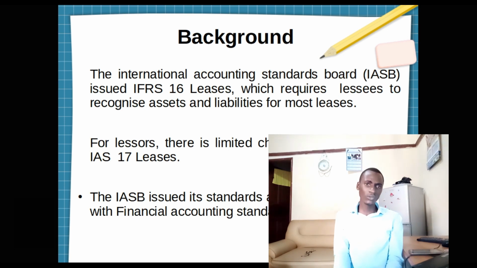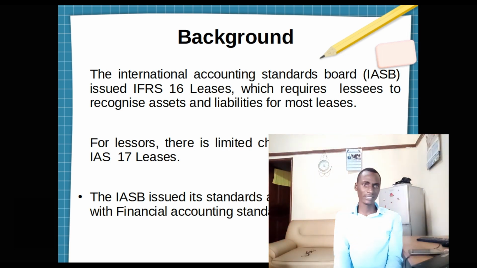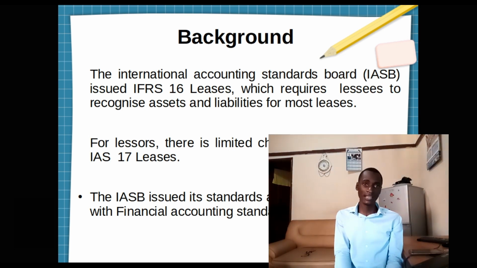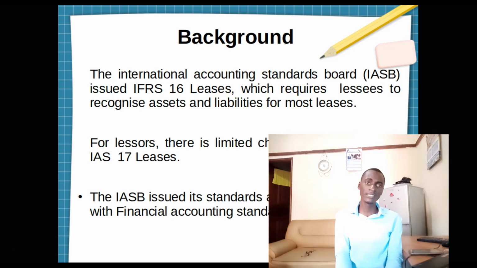Now, the classification of leases as a finance and an operating lease resulted into the manipulation of leasing transactions. You find that companies entered into leasing transactions which in reality are finance leases, whereby the company should recognize an asset as well as a liability, and the asset and the liability should appear on the face of the statement of financial position.